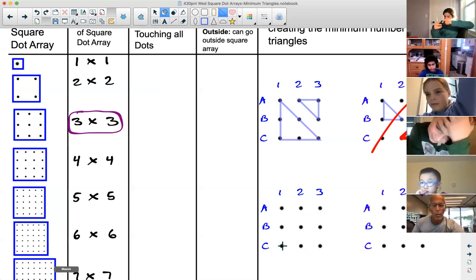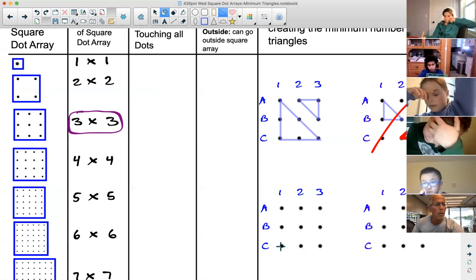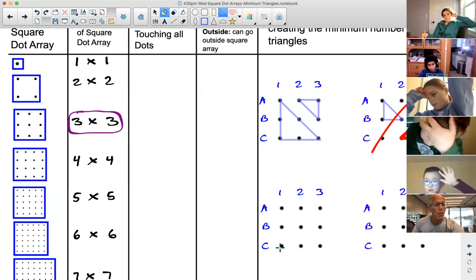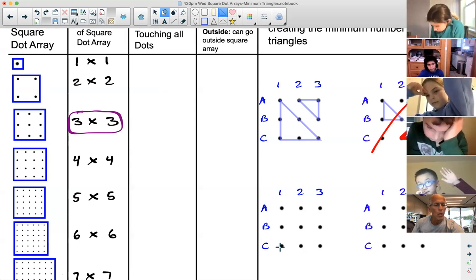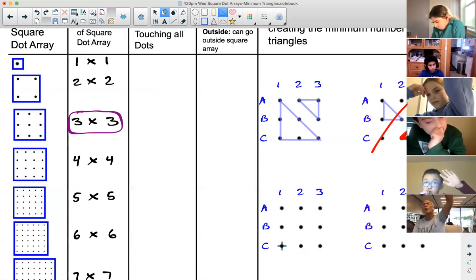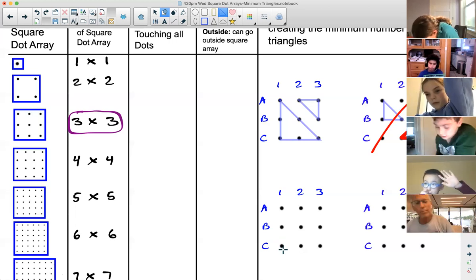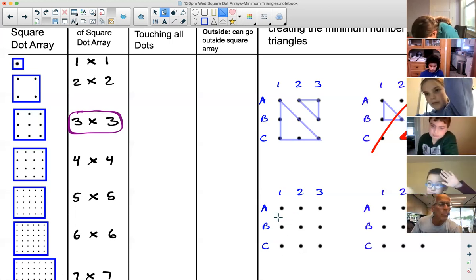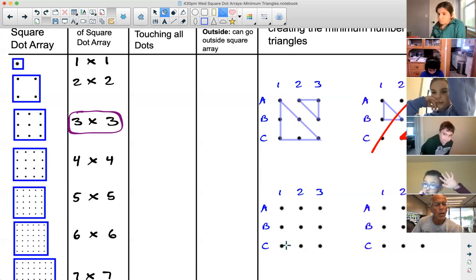C1 and to where? I did C1, but you have to say C1. I need a second point real fast. C1 to A3. A3, got it.